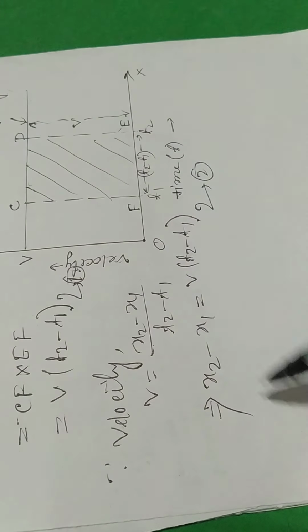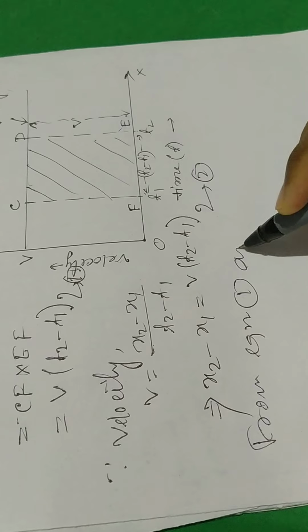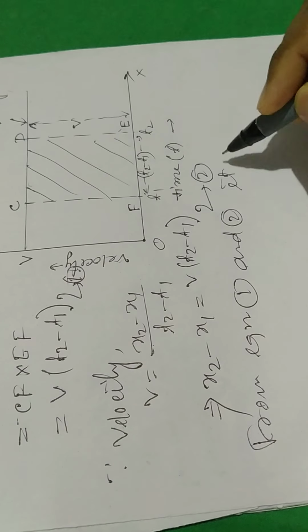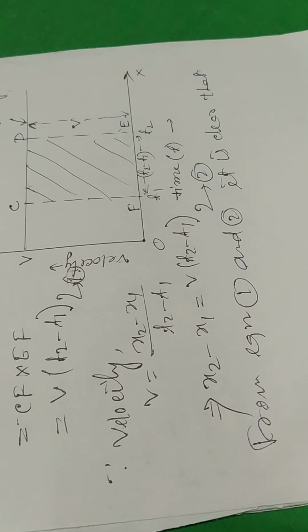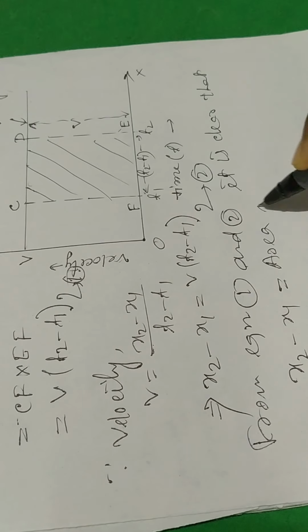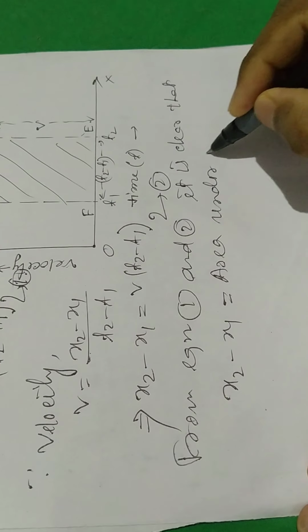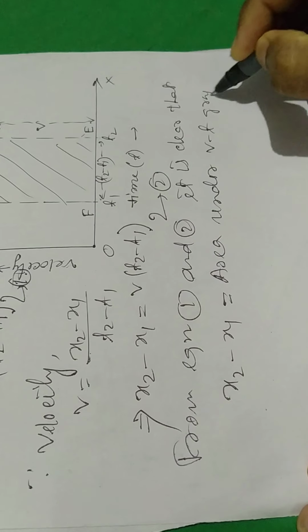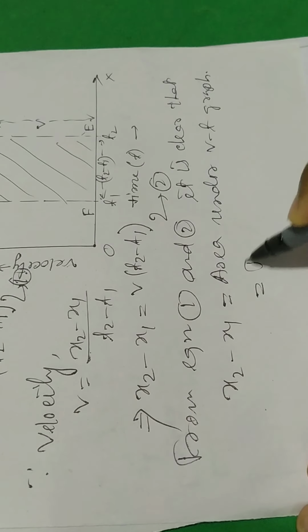Call this equation 2. So from equations 1 and 2, it is clear that x2 minus x1 equals the area under the v-t graph, that is equal to displacement.